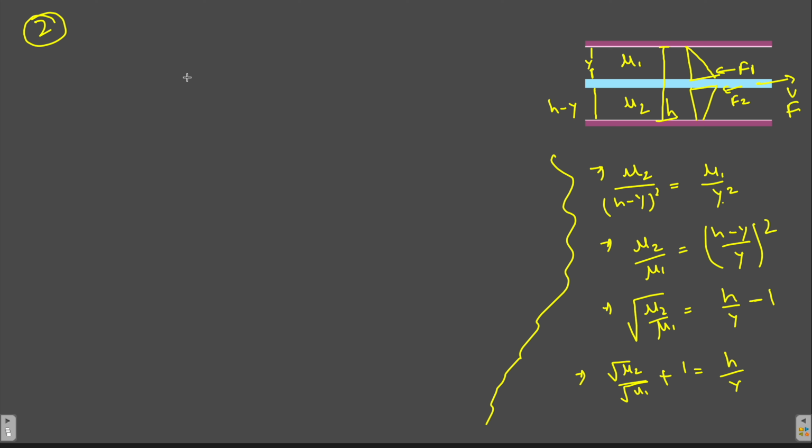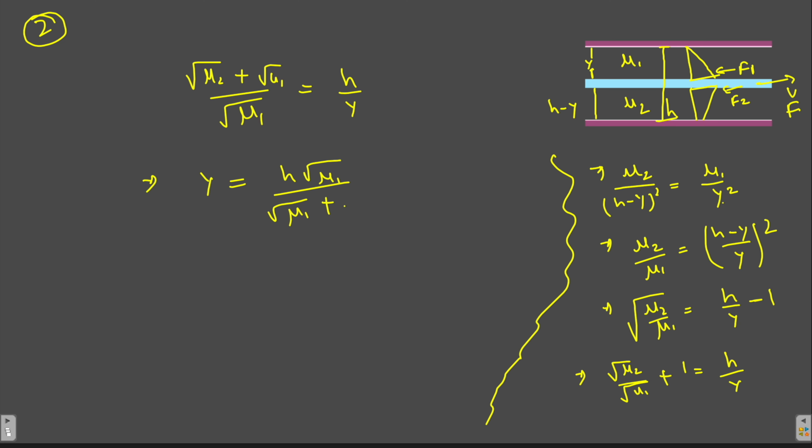Or you can write it as under root mu2 plus under root mu1 by under root mu1 is equal to h by y, right? Or y is equal to h into under root mu1 by under root mu1 plus under root mu2.